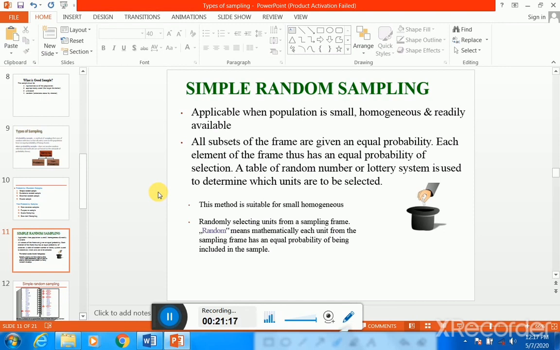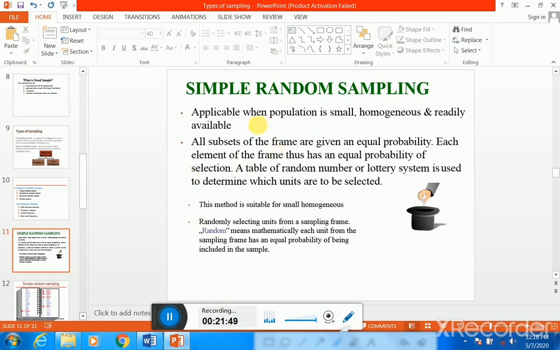Out of 15 you have selected a single tag. The probability of that single piece is 1 by 15. Put it back and select the next; the second one will also have the same probability, that is 1 by 15. It means such a lottery system or numbering system is the common type of simple random sampling.